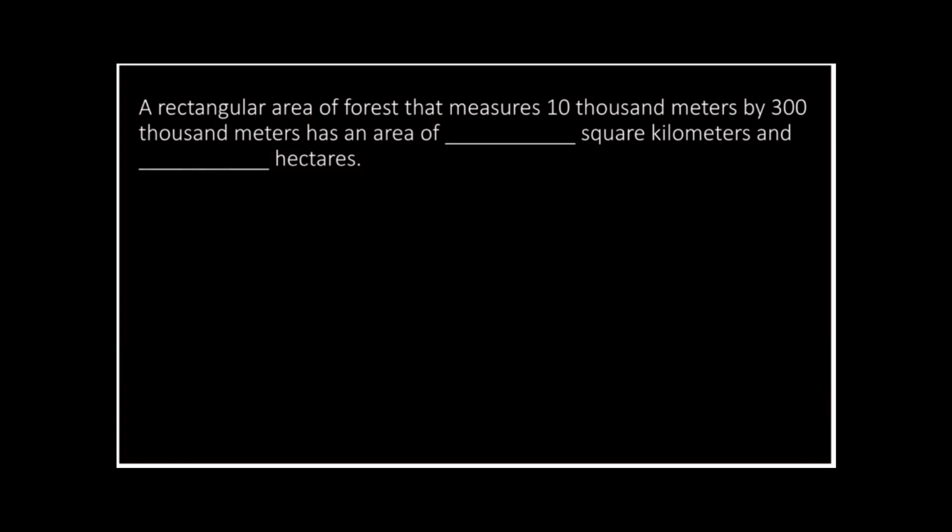A rectangular area forest measures 10,000 meters by 300,000 meters. So it has an area of what? So we have 10,000 times 300,000, which is going to give us, that's 9 zeros: 3, 4, 5, 6, 7, 8, 9.